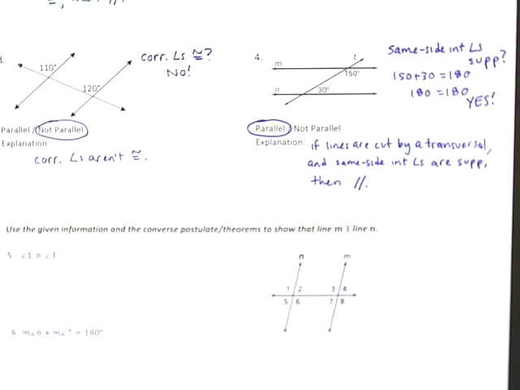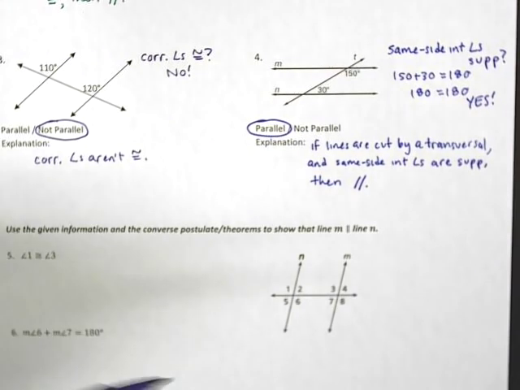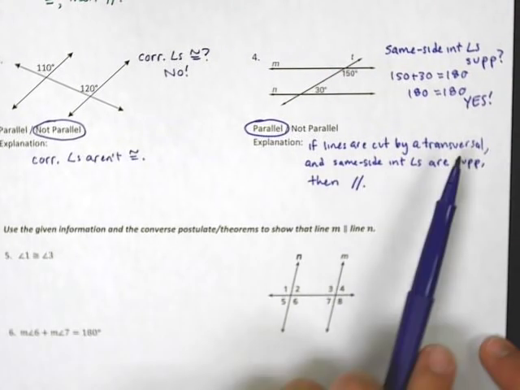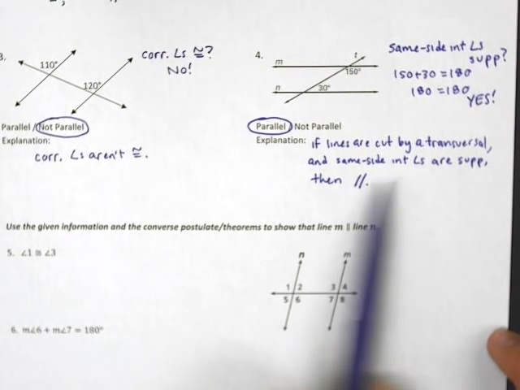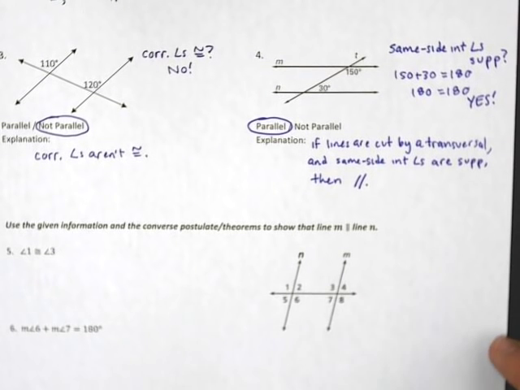Okay, I changed it a little bit, my bad. I'm honestly okay with just anything like this. I need some keywords though, right? I need something about a transversal, I need the angle pair relationship, everything, okay?